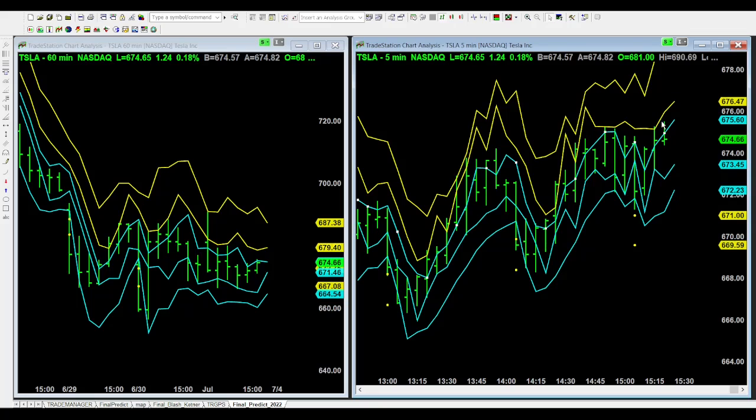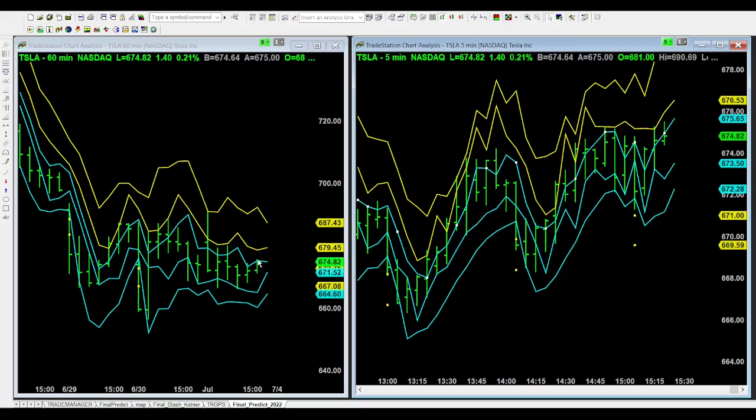Right now it was trying to touch this yellow trend line, but it didn't have strong momentum, and then it started to decrease. So we can see if it can reach this point. And you can see this 60-minute chart, and right now it's trying to break this blue trend line.